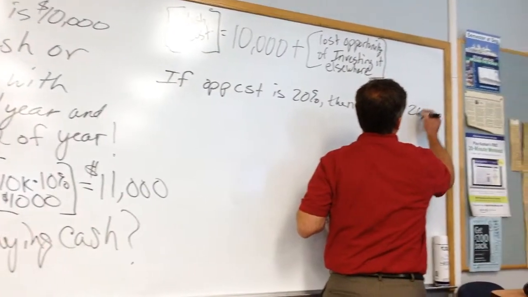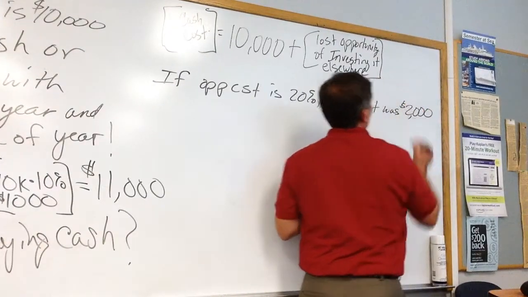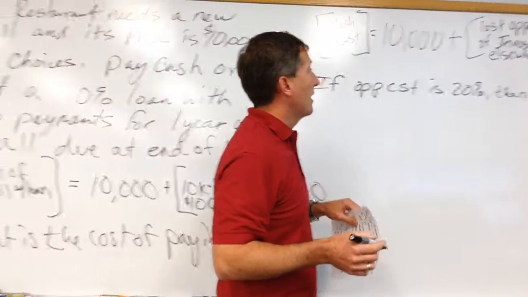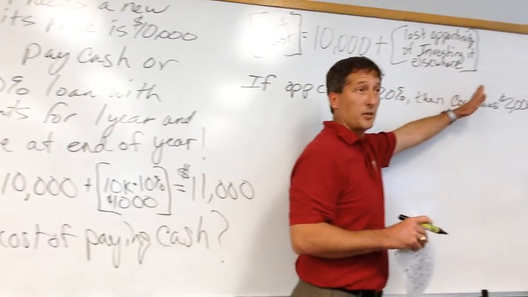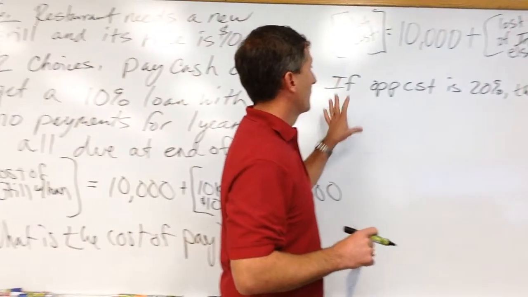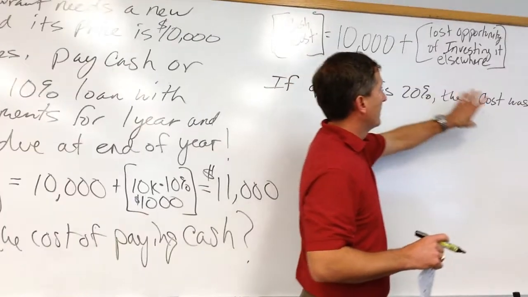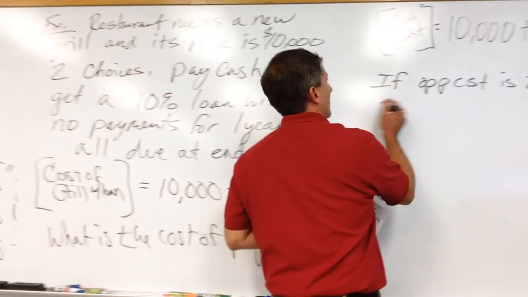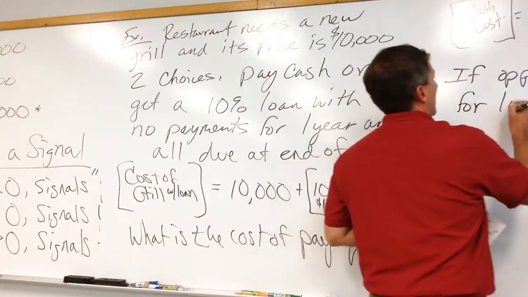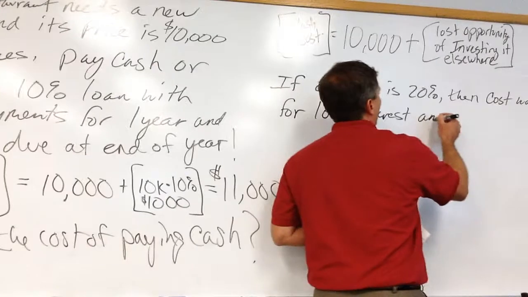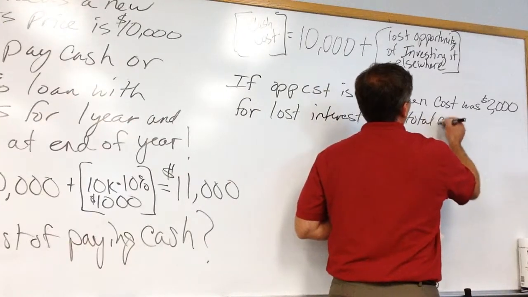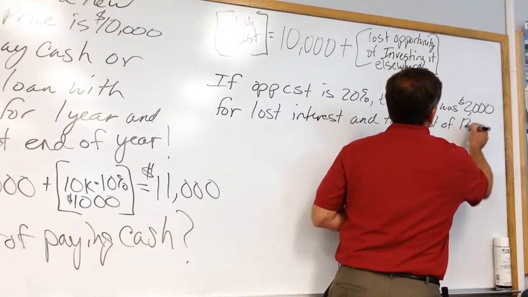The cost was $2,000 for what we lost, giving us a total cost of 12. So if the opportunity cost is 20%, then the cost was $2,000 for lost interest and a total cost of $12,000.